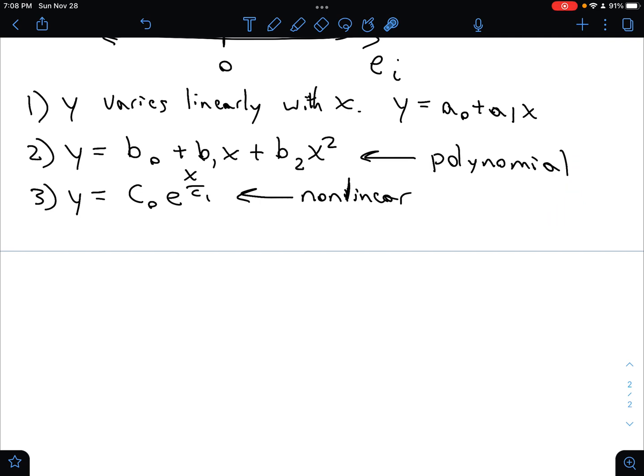For reasons I'm going to explain a little bit later, polynomial regression actually is linear regression. Even though x and y are assumed to be related in a nonlinear way, it turns out that SR, the sum squared residual, is still linear in the parameters B0, B1, and B2. So the term linear regression actually refers to the relationship between SR and the parameters, but I'll get into those details a bit later.